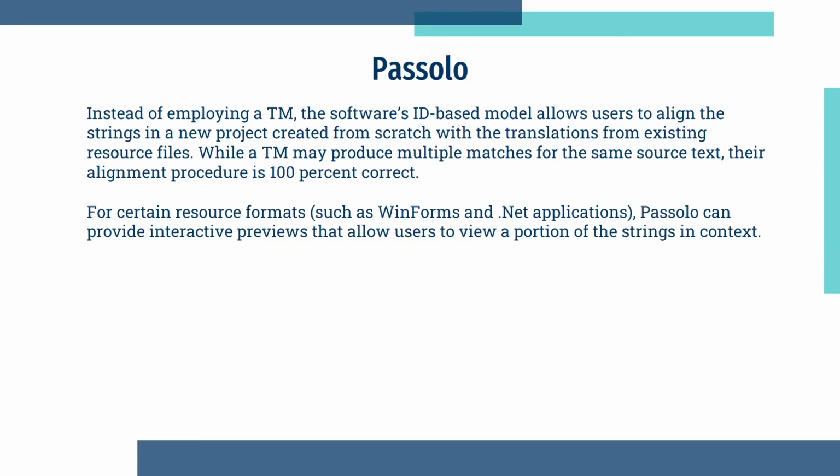A translation memory may produce multiple matches for the same source text, but the alignment procedure should be 100% correct. However, for certain resource formats, such as WinForms and .NET applications, Personal can provide interactive previews that can allow users to view a portion of the string in context.